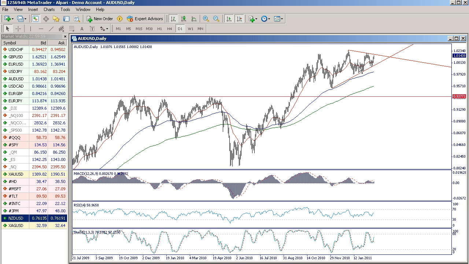Notice this pattern. Prices are consolidating above the rising 100-day moving average, 200-day moving average, well above the prior resistance of 0.9377. This level should act as support if it is tested, but so far the prices remain well above this level.